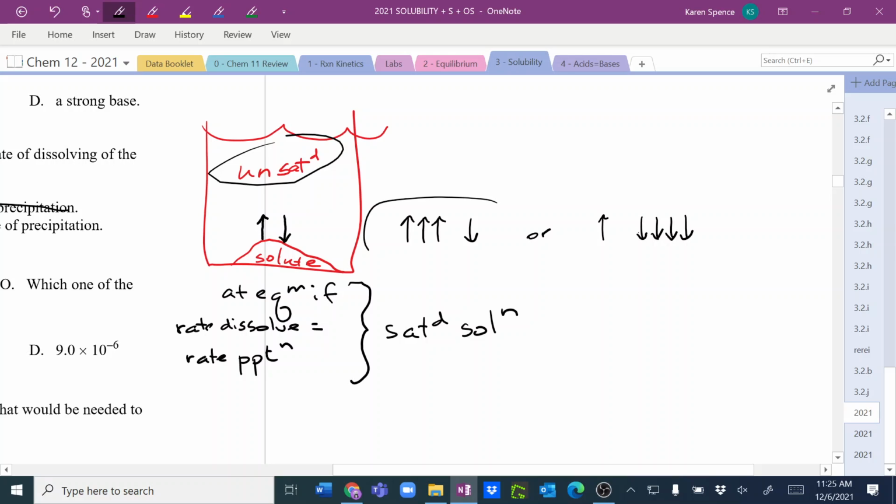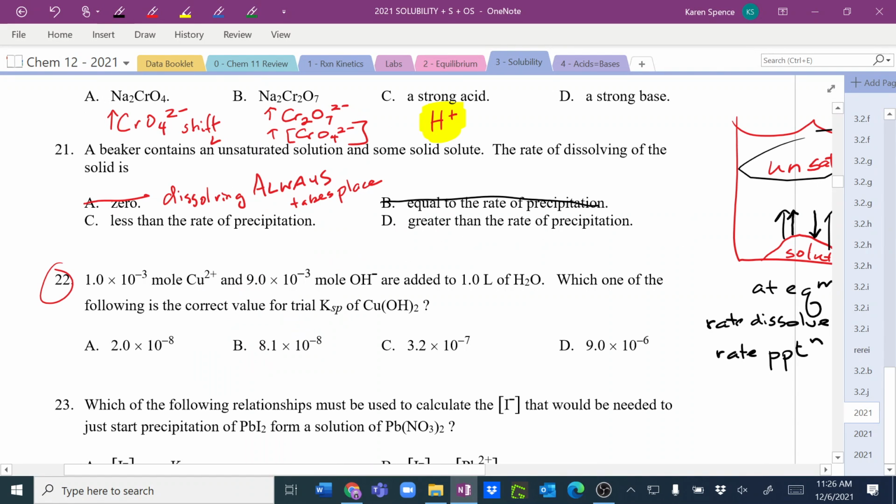The only way to do that is if you're dissolving faster than you are precipitating. So in an unsaturated solution, it's always going to be the case that you have dissolving faster than precipitating. And then once the two are equal, then you are at equilibrium and you have a saturated solution instead.